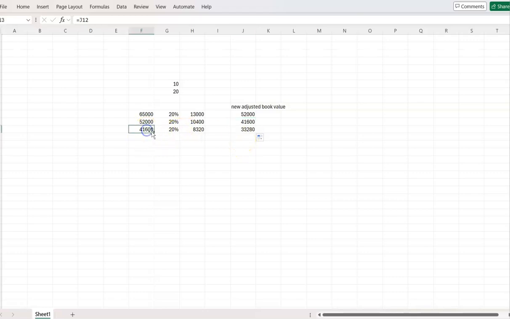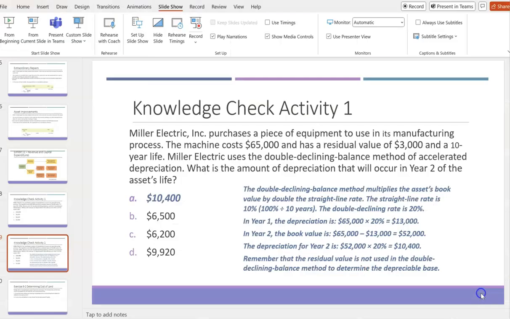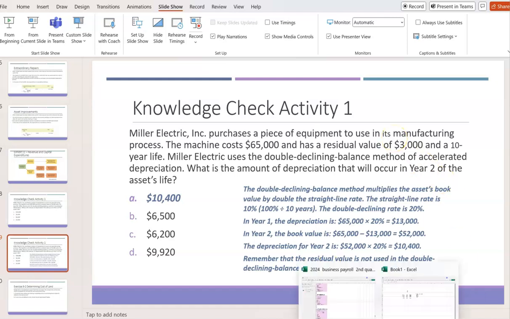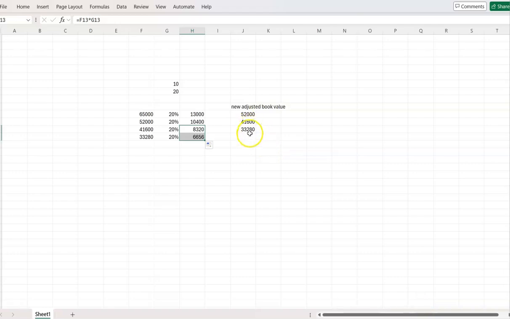And then wouldn't in year 4... but what was the residual value? Maybe it didn't tell. But do you understand what I'm doing here? If it tells me it has a residual value of 3,000, I can keep going here, can't I? Right?